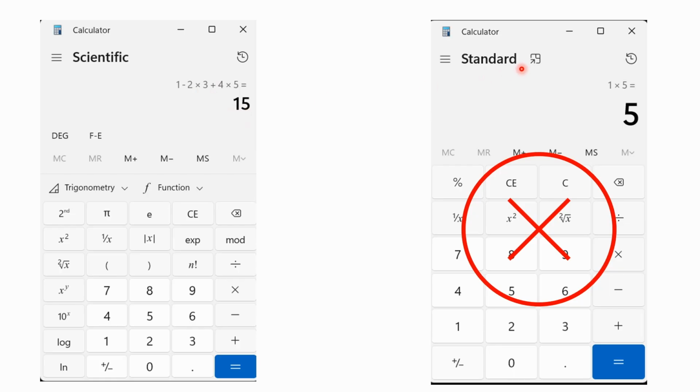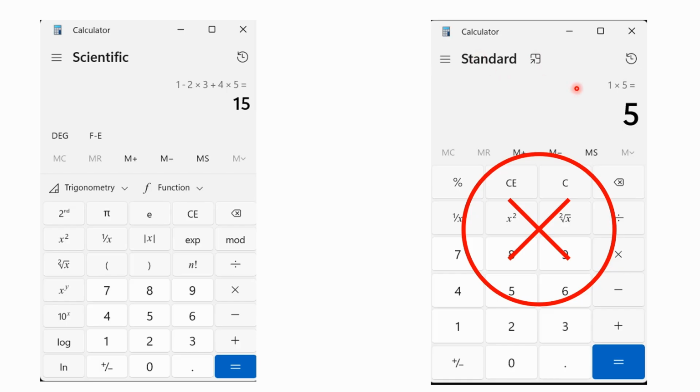But if you're using it in standard mode, and Microsoft does a really poor job of explaining it, I don't know where it's explained. You can find more information online about this if you want to look into it. But in this mode, this calculator is working in what's called immediate execution mode, not expression mode.